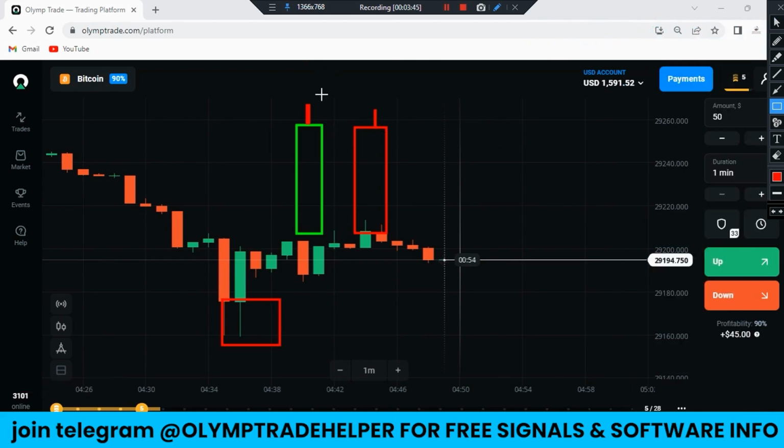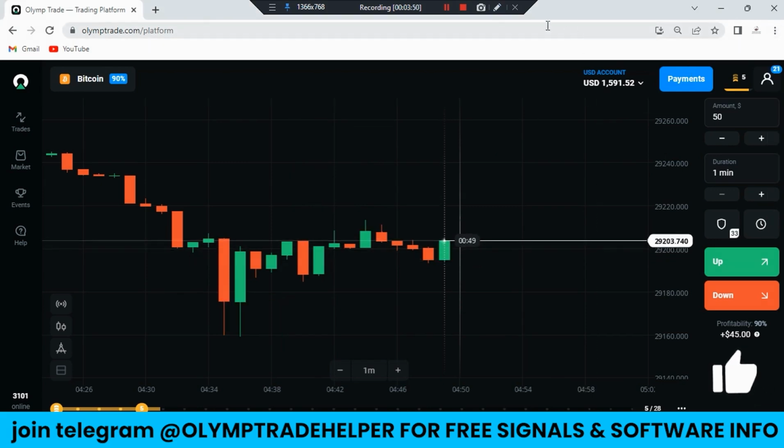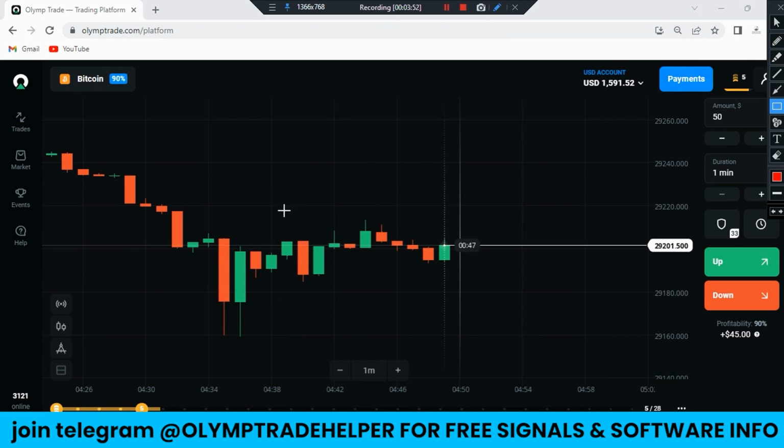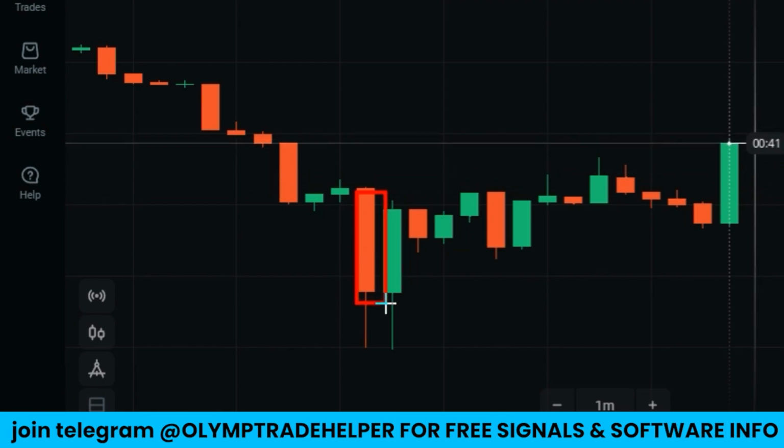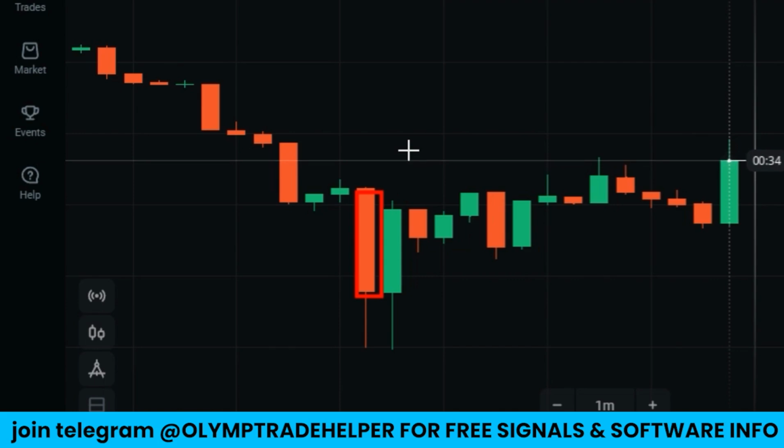Okay, so if I remove it here now, look here, this candlestick was made bearish in the market. A heavy bearish candlestick was made here. Now, if I tell you the truth, you don't even need to remember the name of the candlestick.